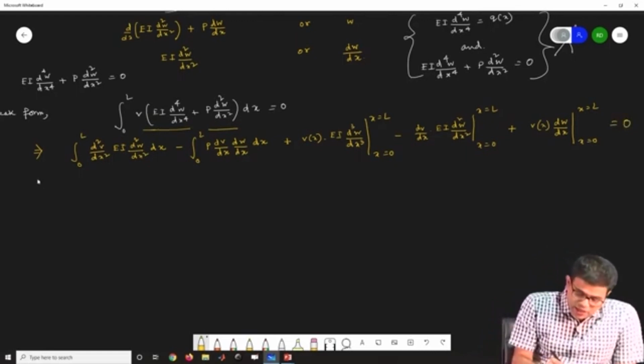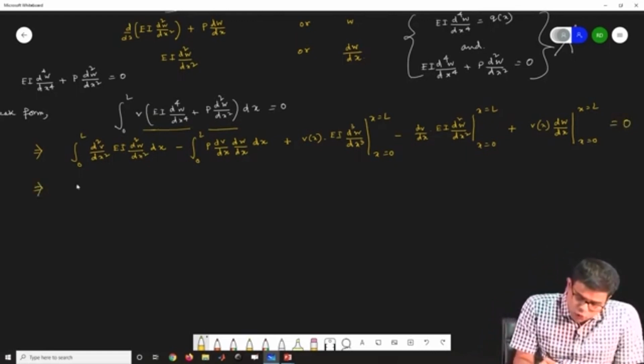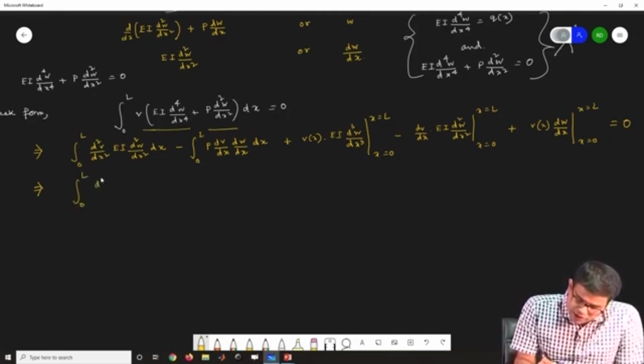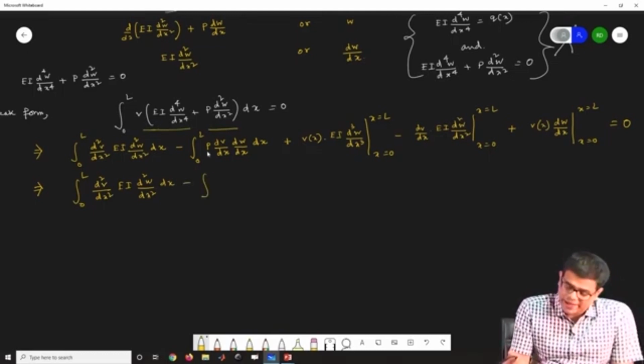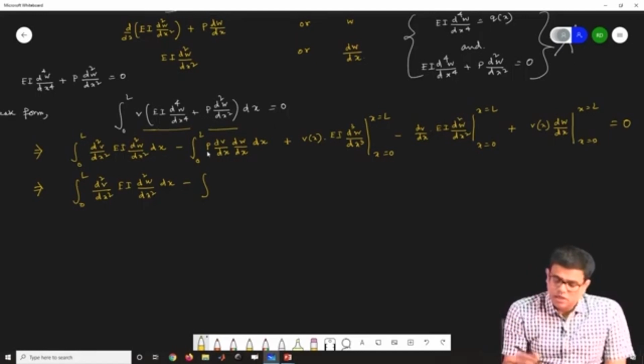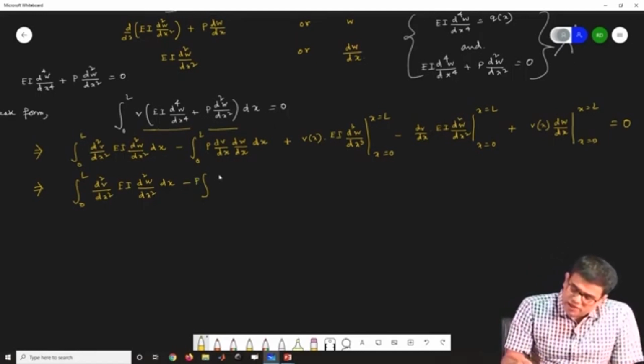Now if I rearrange this, this is the bending part of the potential energy that will generate my finite element beam stiffness matrix, the discretization of which. And P is not a function of x, because P is unknown here, so I can take P outside.